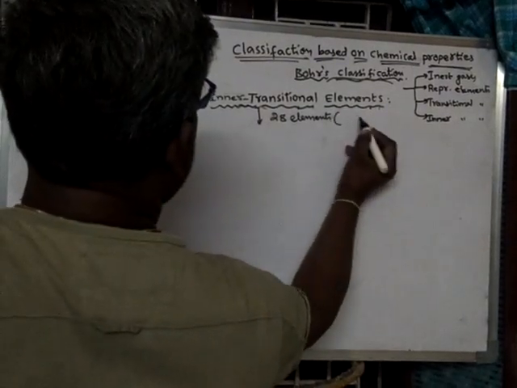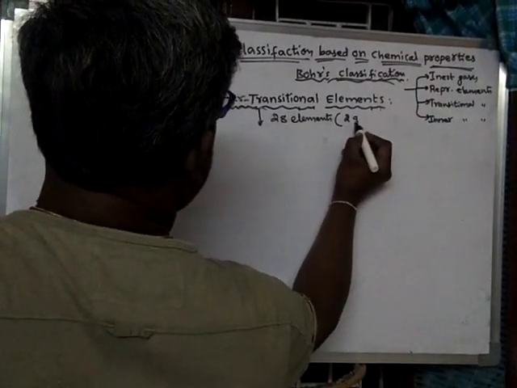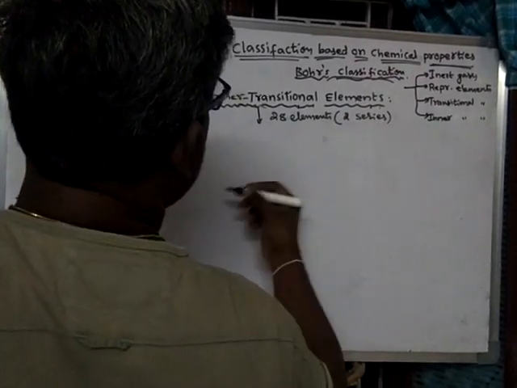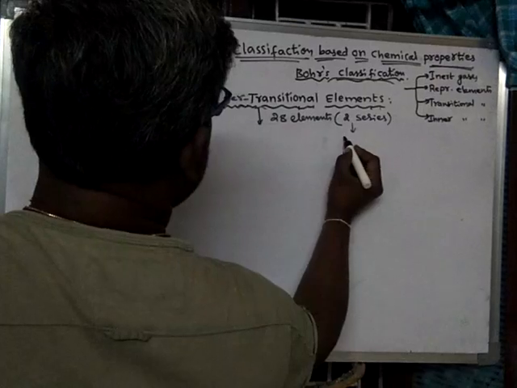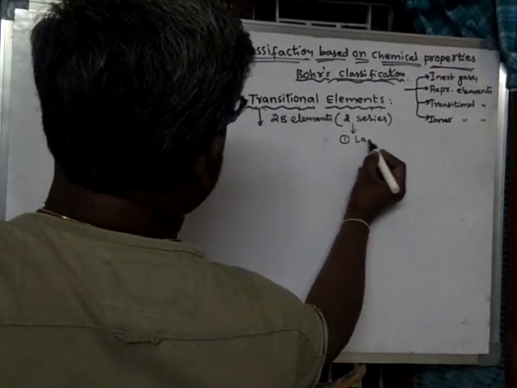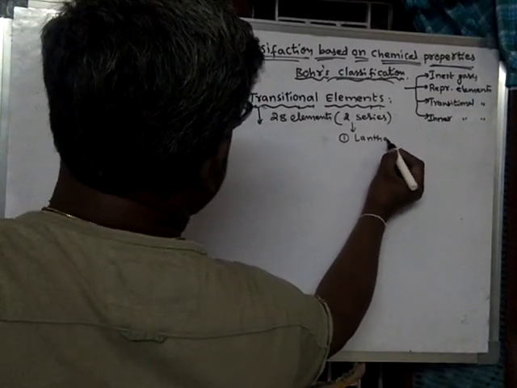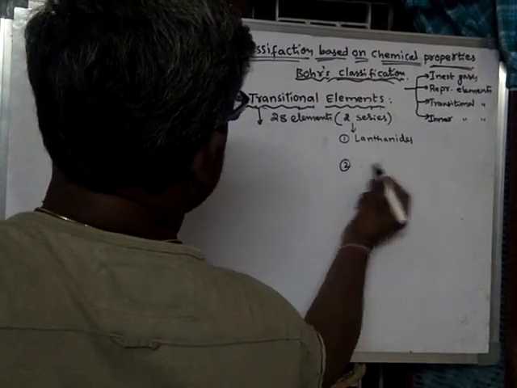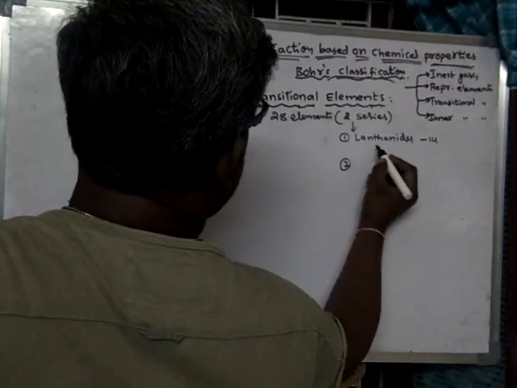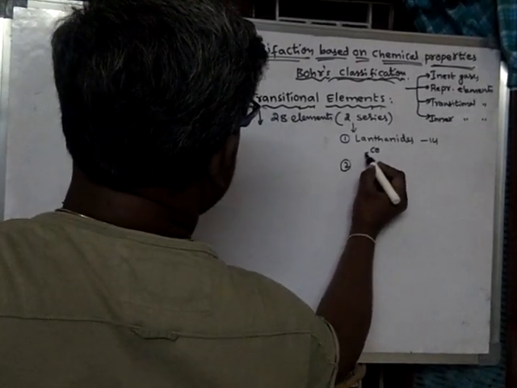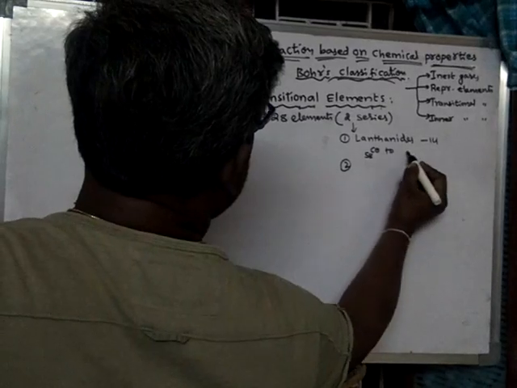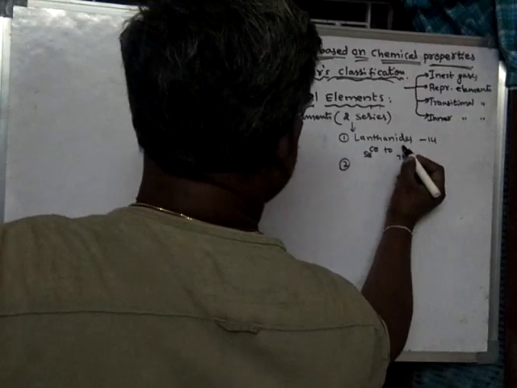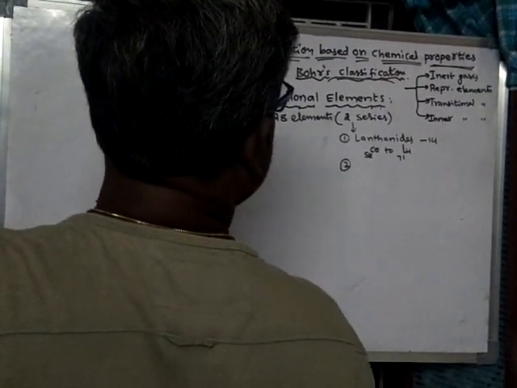These 28 elements are divided into two series. One series is the lanthanides. There are 14 lanthanides, starting from cerium, whose atomic number is 58, to lutetium, whose atomic number is 71.